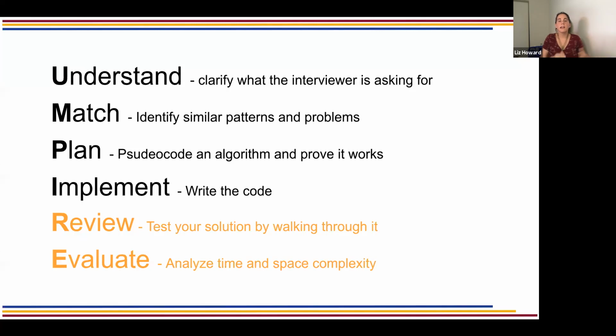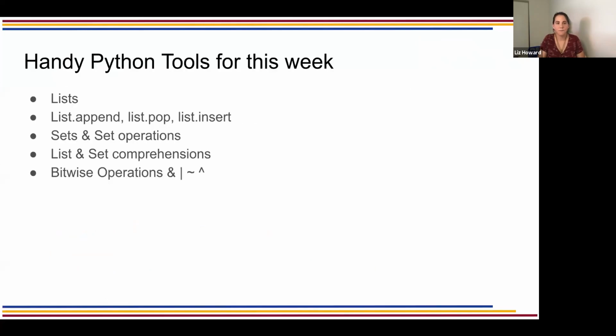And then as we move along, we're going to be focusing a little bit more on the review and evaluate phases in these guided topic sessions so we can get into the nitty-gritty details. We're going to talk about walking through code, a little bit of debugging, and then we're going to analyze space and time complexity and talk about what kind of space and time complexity you're seeing when you see certain Python syntax.